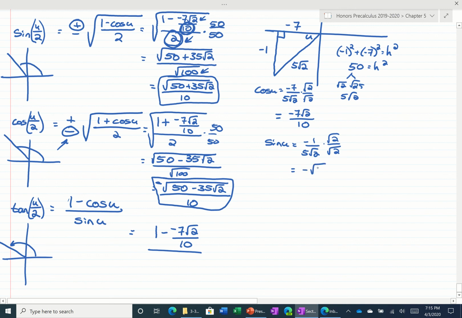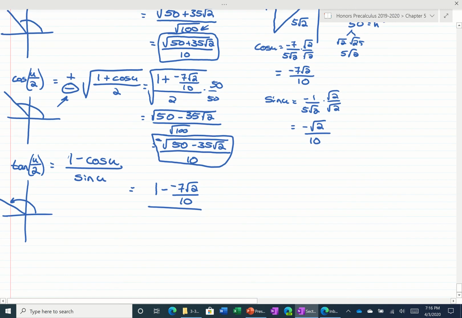If we multiply by root 2 over root 2, we get negative square root of 2 over 10 is what the sine would be. So let's figure this out here. Negative square root of 2 over 10. So let's clean this up. If I multiply top and bottom by 10, that would get rid of all the fractions. This would be 10 plus 7 root 2 over negative root 2.